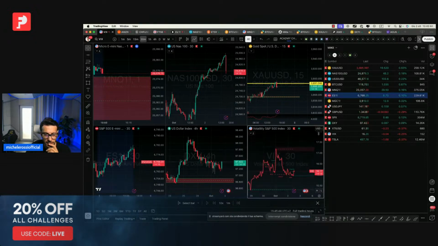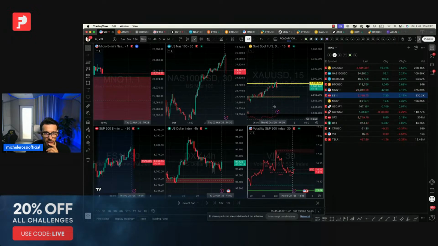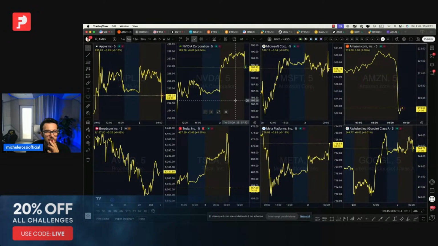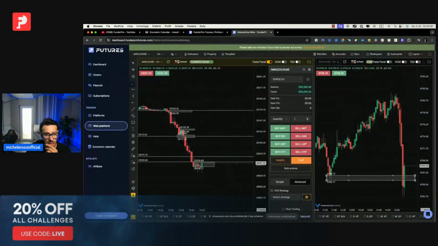The VIX is pushing higher. Magnificent 8 doing nothing. Consolidation. Let's go back inside of the range.